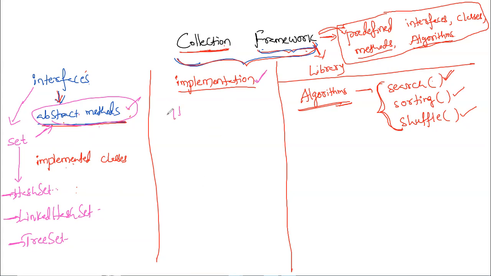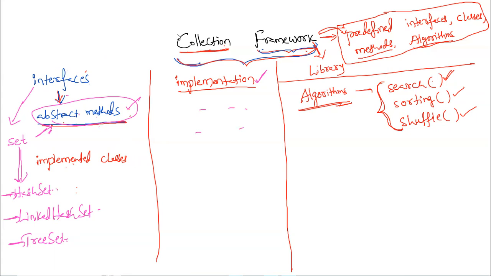HashSet, LinkedHashSet, and TreeSet each have the implementation of the Set interface abstract methods individually, because their purposes are a little bit different. These are the three classes having the implementation of all these abstract methods in the implementation section.